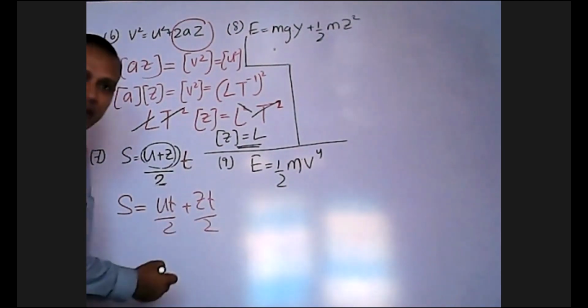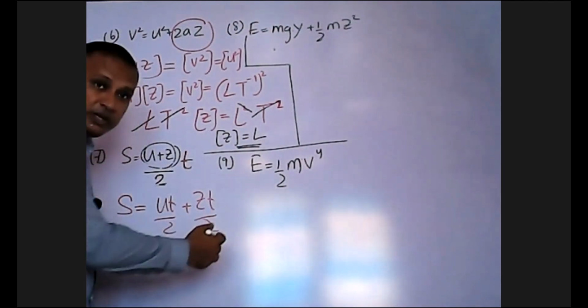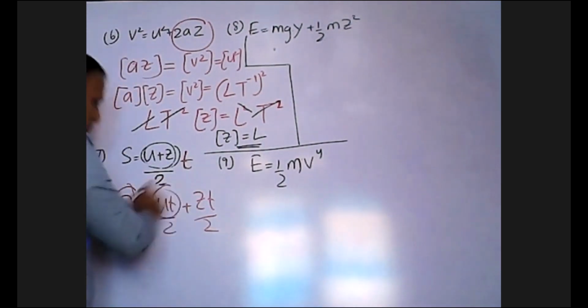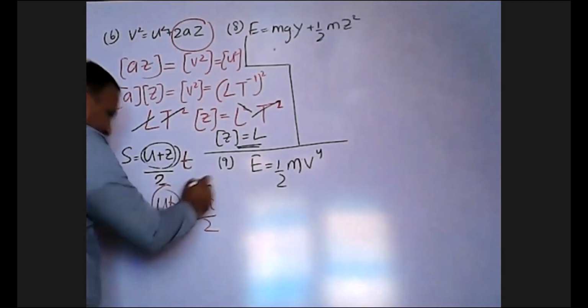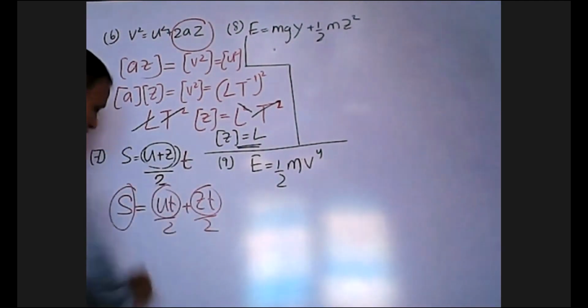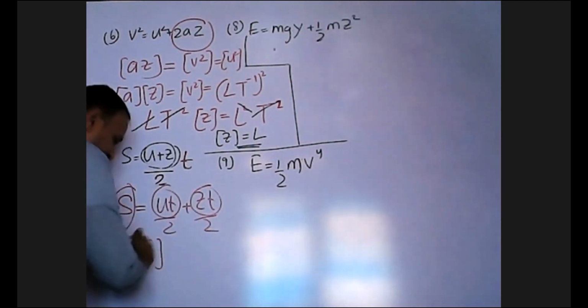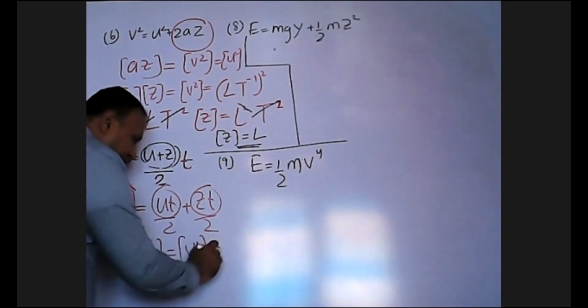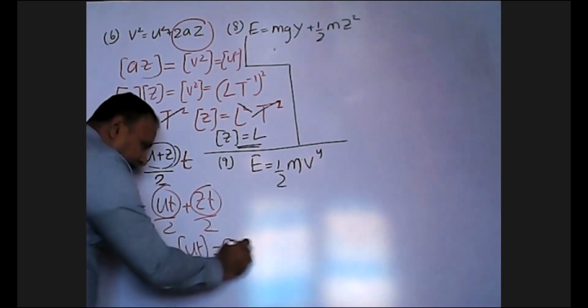That is our expanded expression. Then this one is equal to this one and this one. So the dimension of S should be equal to the dimension of ut and the dimension of zt.